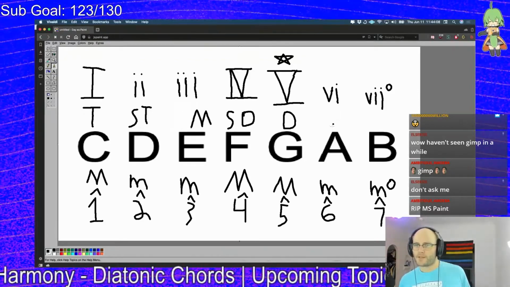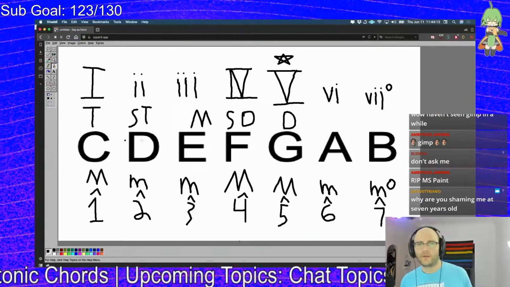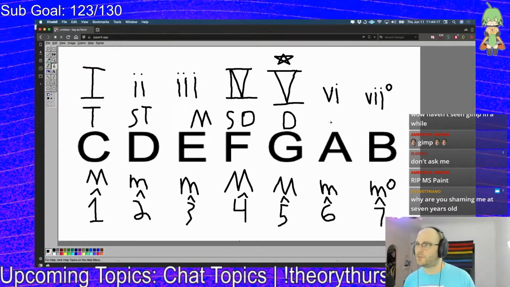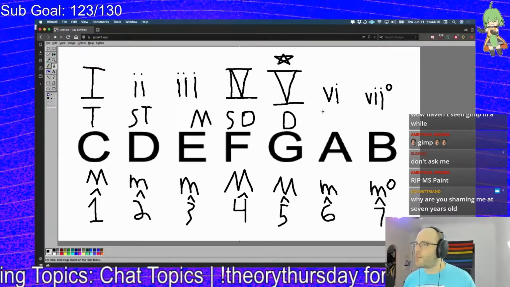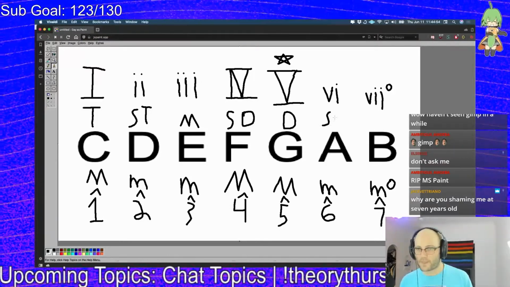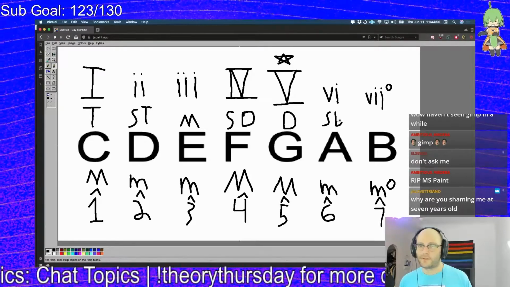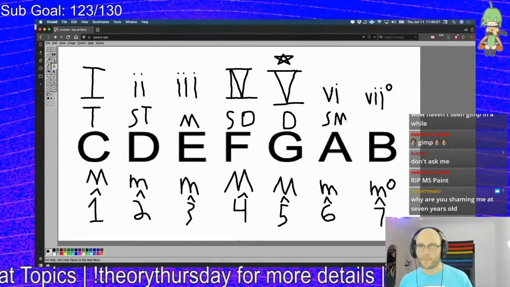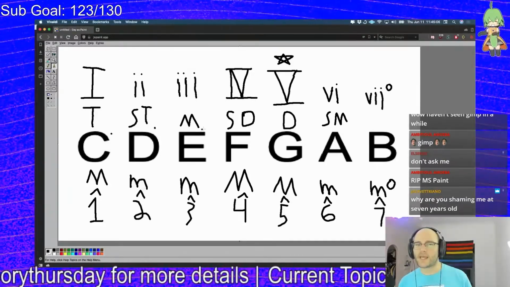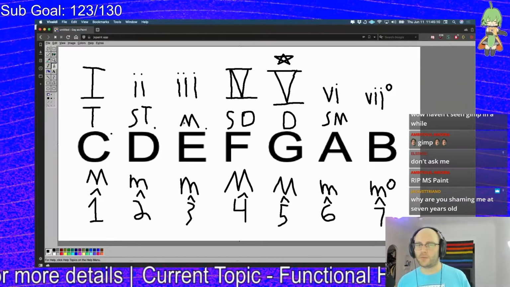Now, since we're counting down from here, now instead of up, this is going to be called the submediant. The submediant, since it's below the mediant, or it's the mediant below, if I count down, like we counted up, C, D, E, F, G. E is halfway between those two.